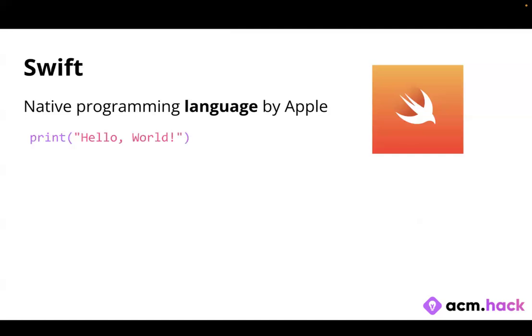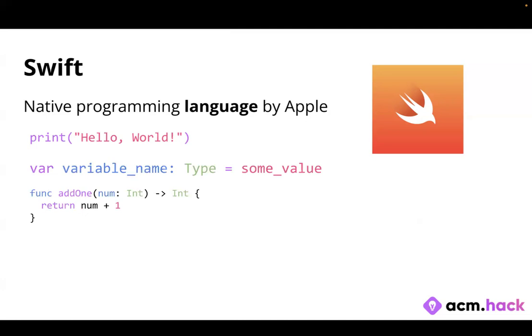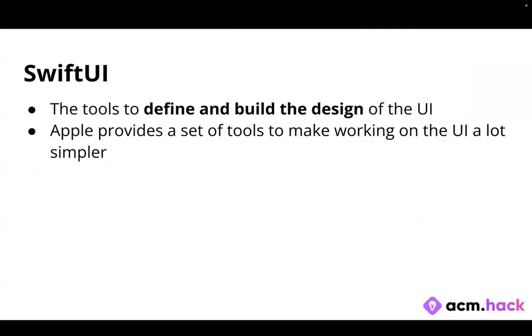And we saw a lot of syntax in Swift, like how to print a statement, how to define a variable, how to assign a value to a variable, how to define a function, how to do an if statement, and stuff like that. On the other hand, we have SwiftUI. SwiftUI is not a language, so these are 2 separate things and 2 separate concepts.